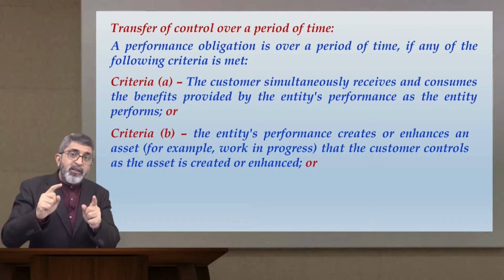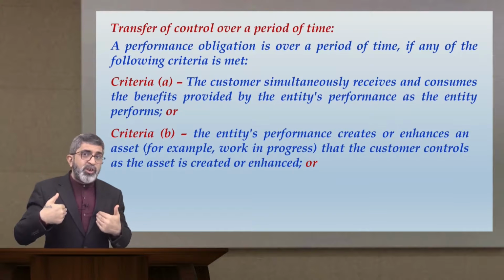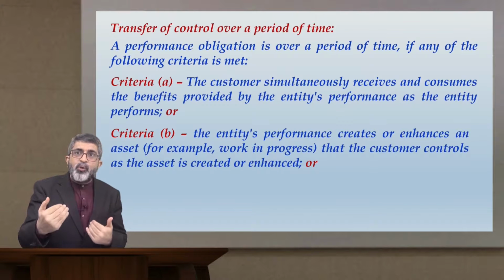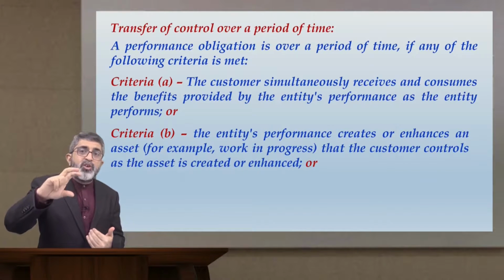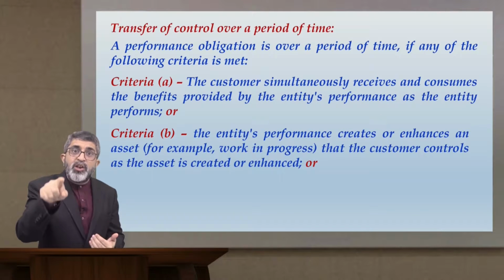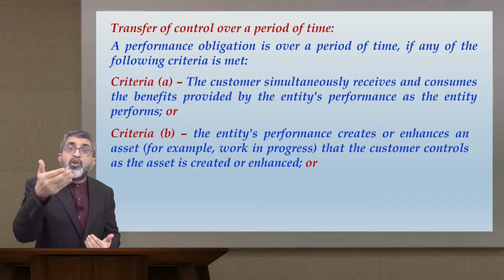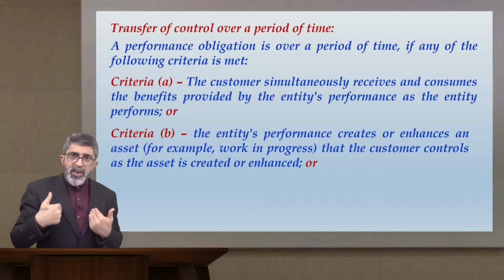So the question is, if you are the customer and I am the construction contractor, and suppose a certain percentage of work is completed, you are going to identify this in your balance sheet, right? You are going to identify this in your balance sheet as your work in progress, not in my balance sheet.